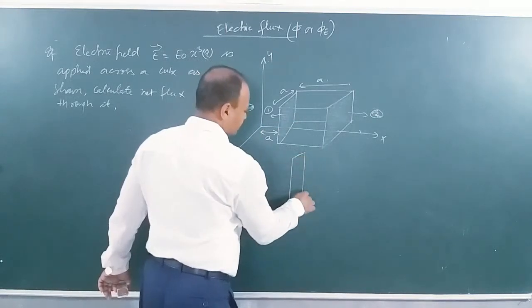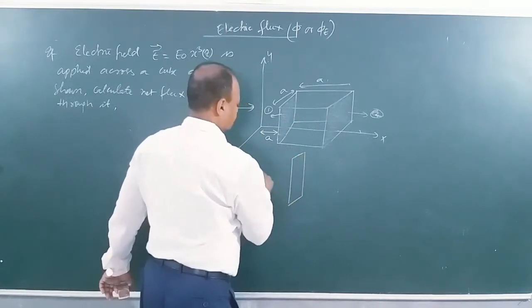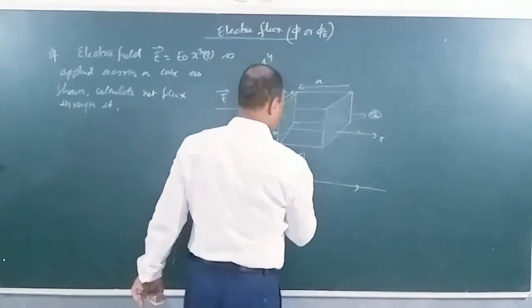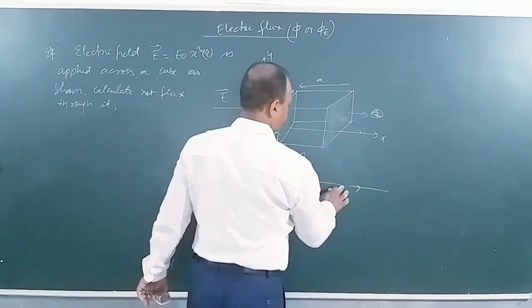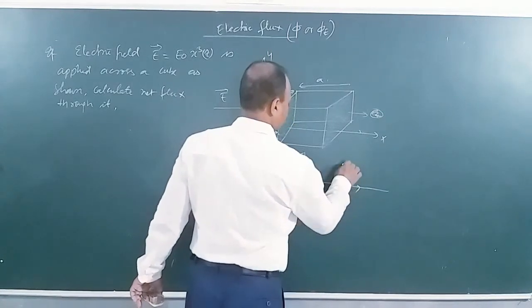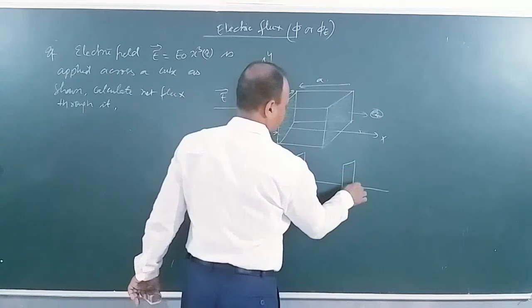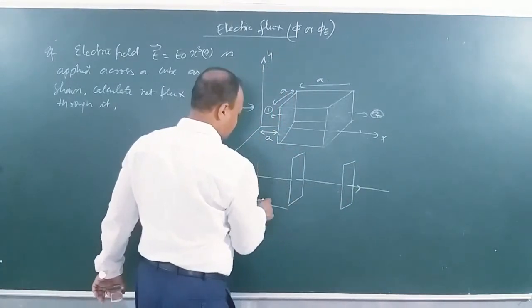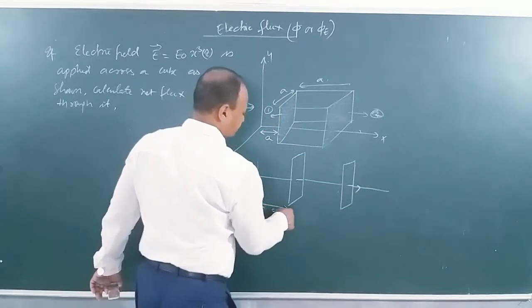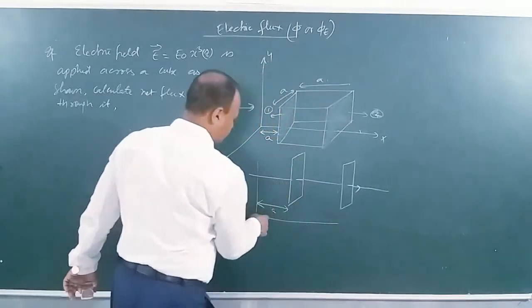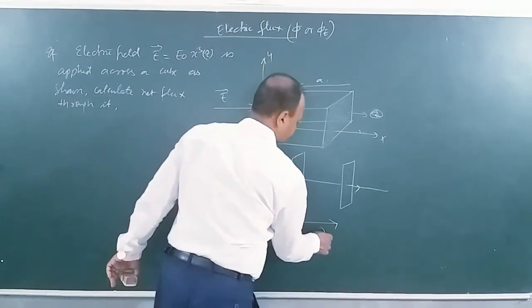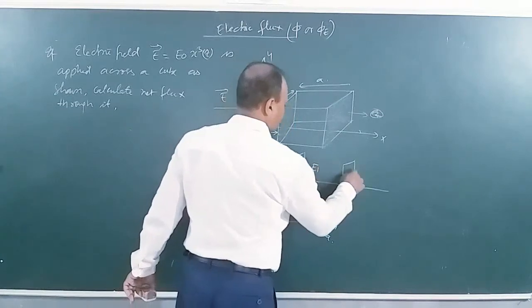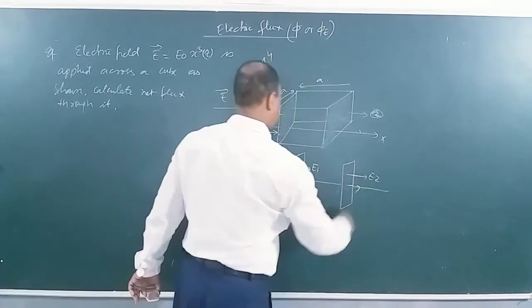This is surface 1. This is the electric field that is going through, and this is surface 2. This is the origin. This is where the distance is A, and this is where the distance is what? 2A. The field here is, suppose, E1, and the field here is E2.